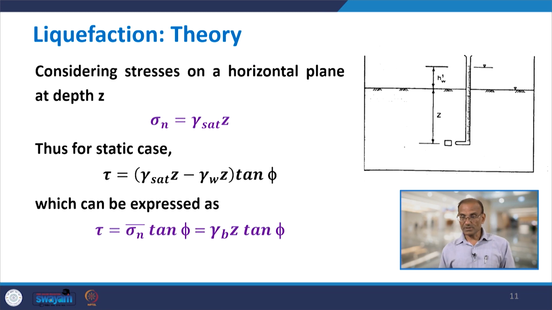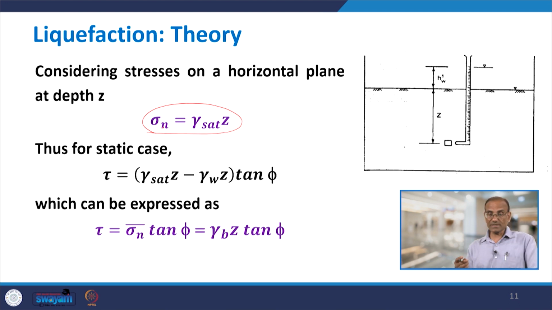This can also be explained using this figure. The normal stress at a depth z can be represented by sigma n equal to gamma saturated into z, where gamma saturated is nothing but the saturated unit weight of the soil.